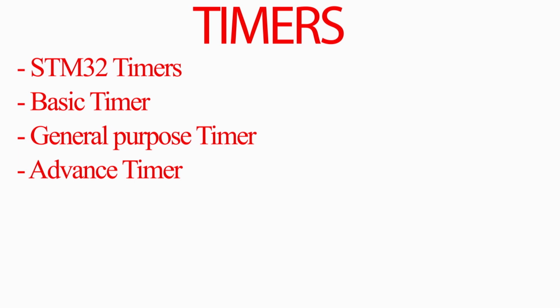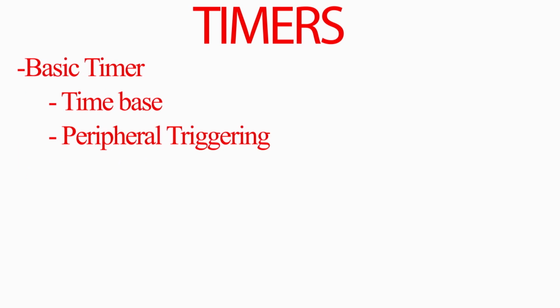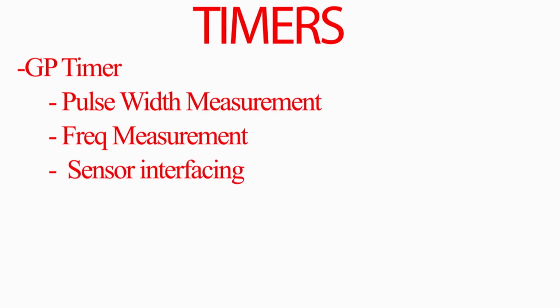STM32 has three types of timer. They are basic timer, general purpose timer, and advanced timer. Basic timers are used as a time base or for triggering any peripheral. General purpose timers have some additional features over basic timers.